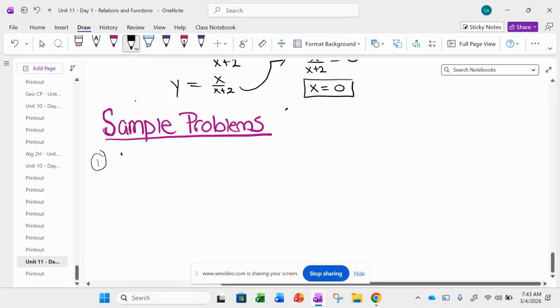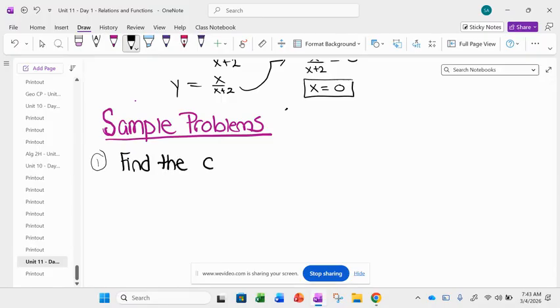Okay, so I want us to find the domain and zeros of each function.